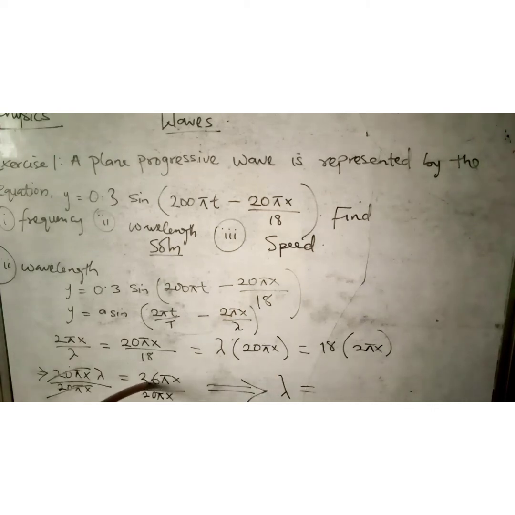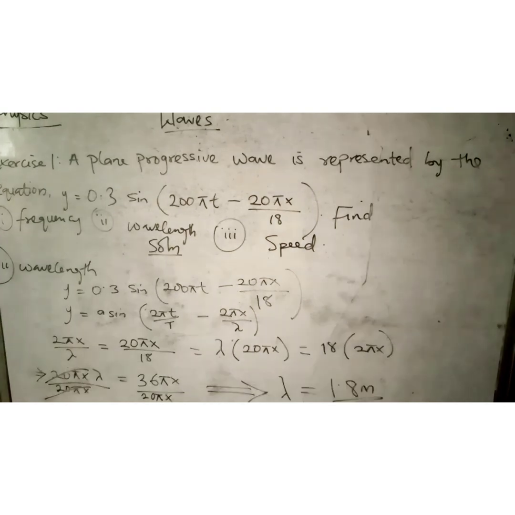So 36 pi x divided by 20 pi x is going to give us 1.8 meters. So our wavelength is 1.8 meters, and that is our final answer.